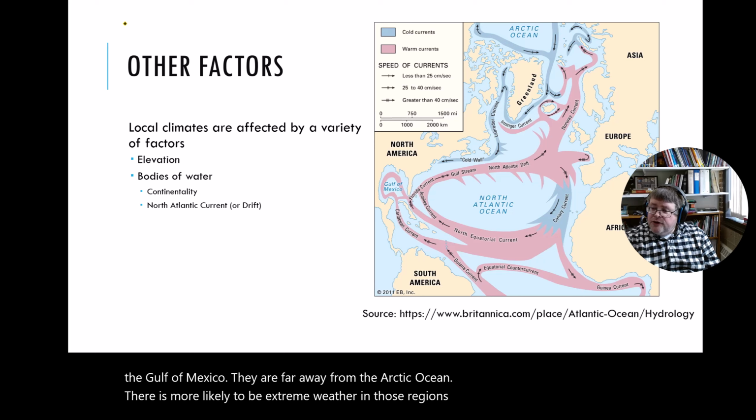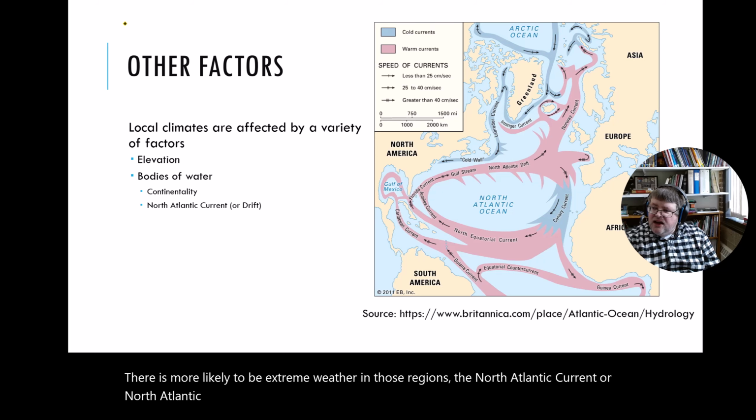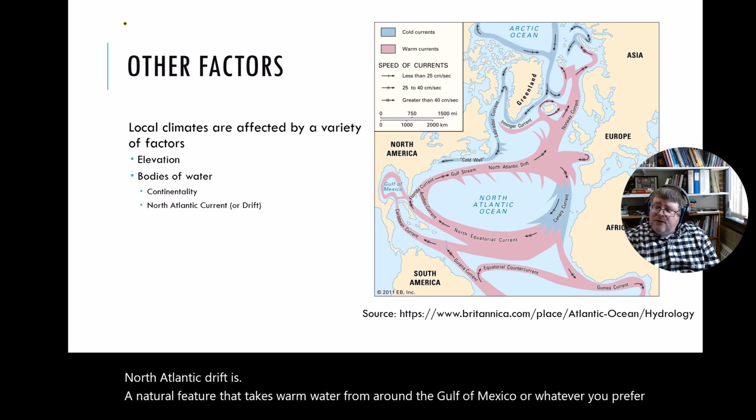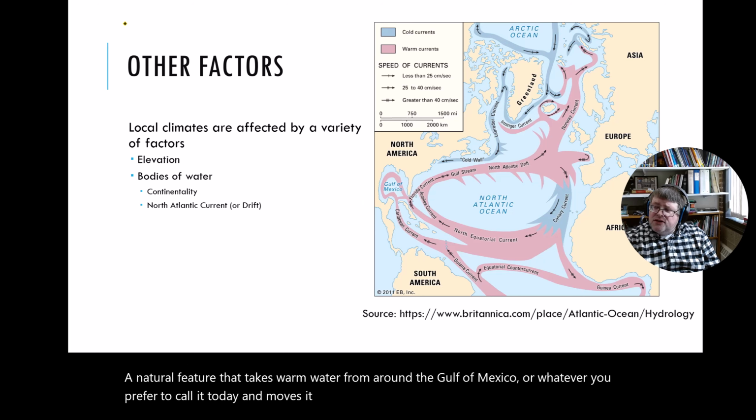The North Atlantic Current or North Atlantic Drift is a natural feature that takes warm water from around the Gulf of Mexico, or whatever you prefer to call it today, and moves it north towards northern Europe.